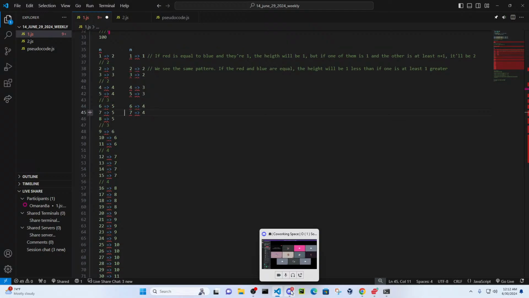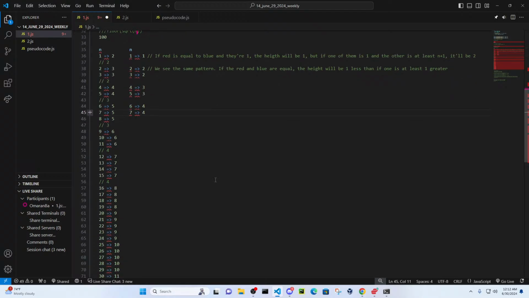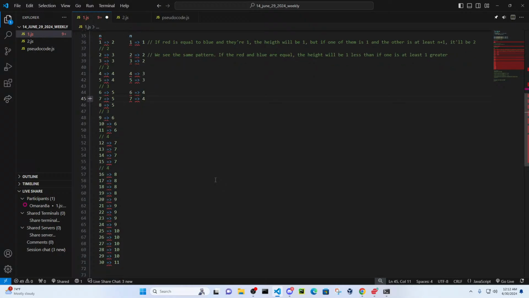So it would be like 1, 3, 5, 7 or 2, 4, 6, 8. And if you know your total initial sum, which is 4, the total number of balls, now you can find out the number of rows you would need using that formula.